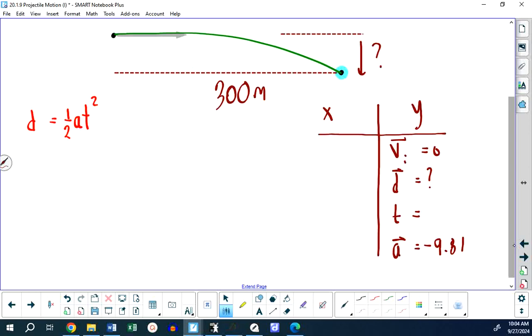So we can go over here and say that V, I don't even want to put vector symbols here, is 450 meters per second. In fact, I really am not going to put vector symbols because if I do, then I'm forced to write direction in here. And I don't care about the direction. And the distance is 300 meters.